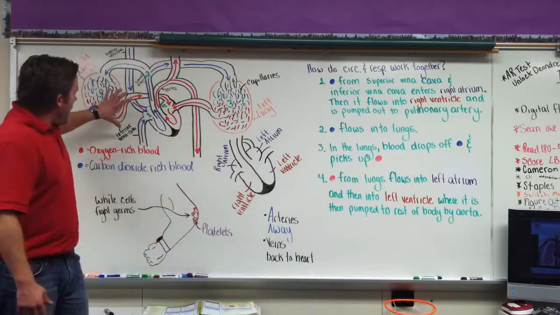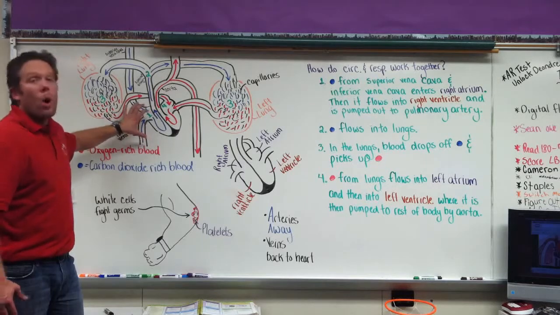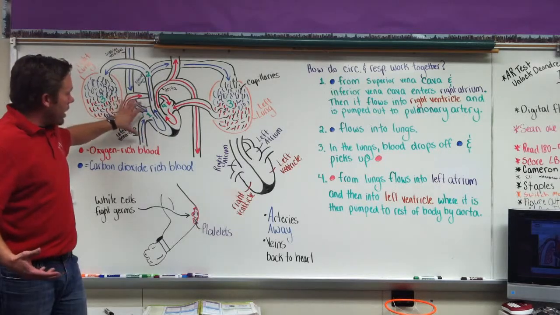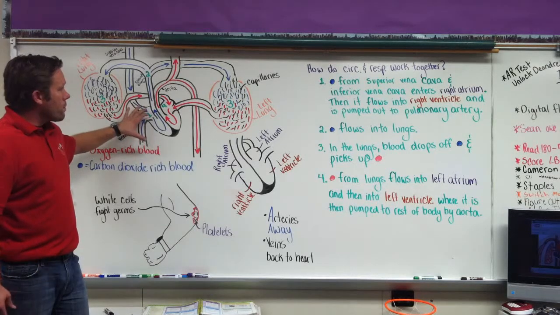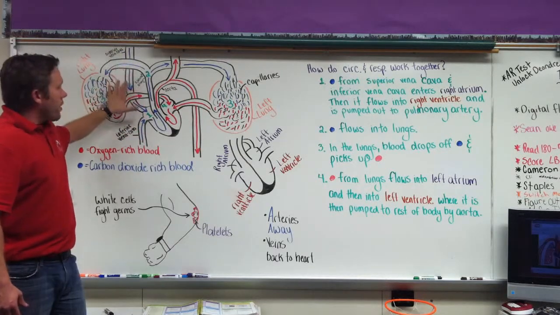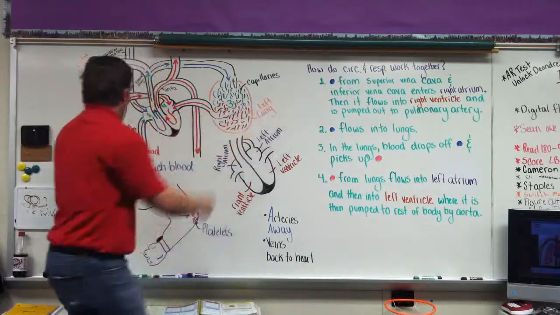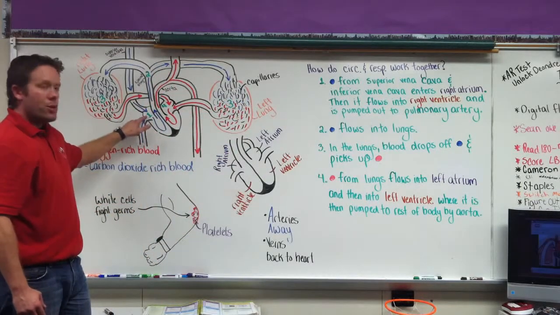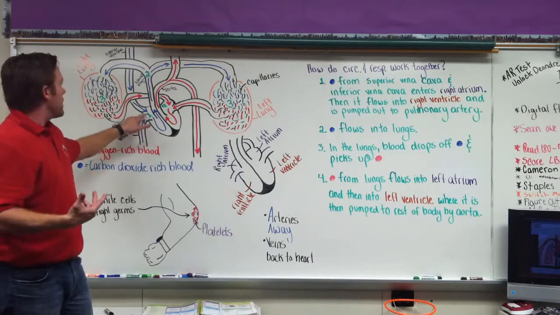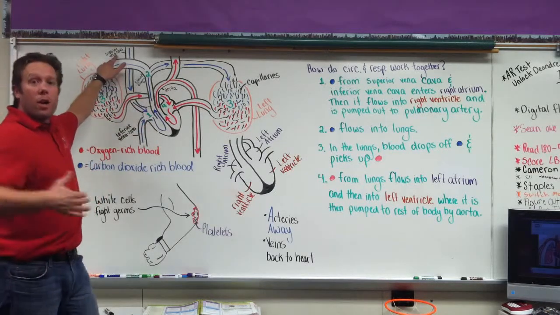So you have oxygen poor blood or carbon dioxide rich blood coming into the right atrium from the superior vena cava and the inferior vena cava. Both go into the right atrium. We talked a little bit about this in class: superior means top.